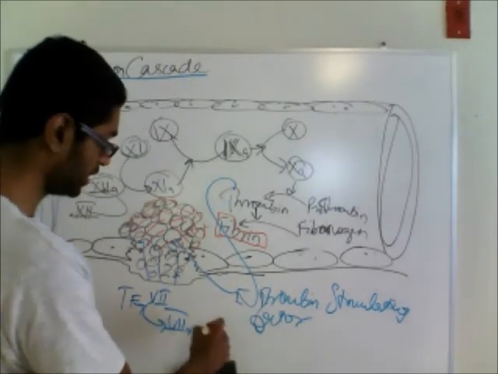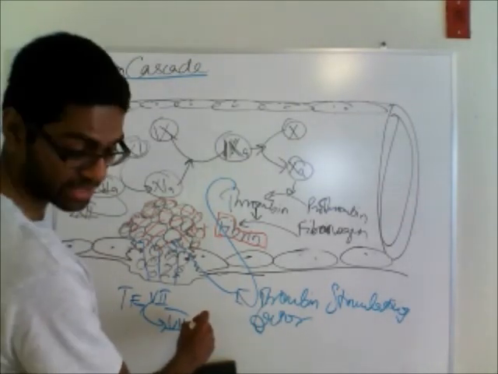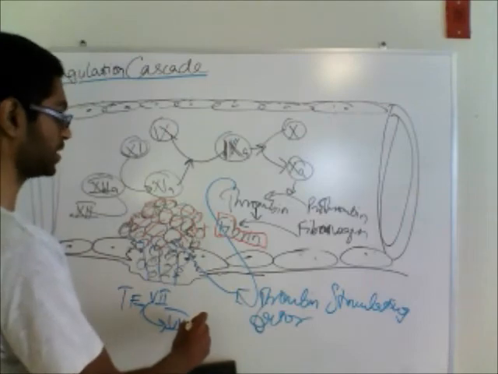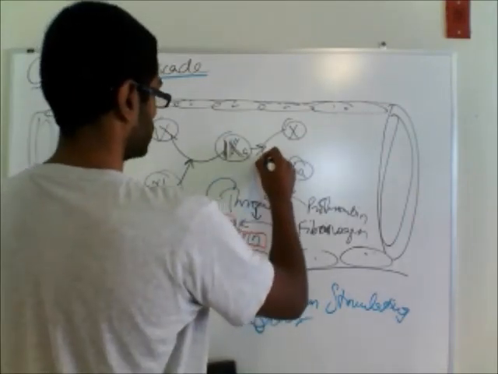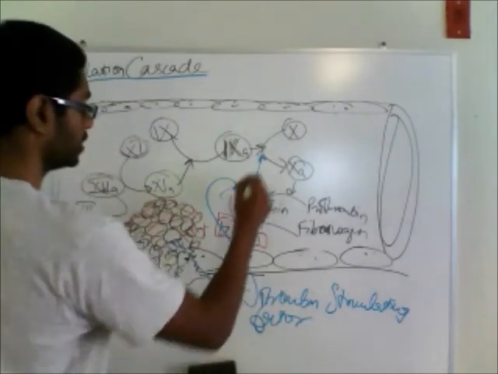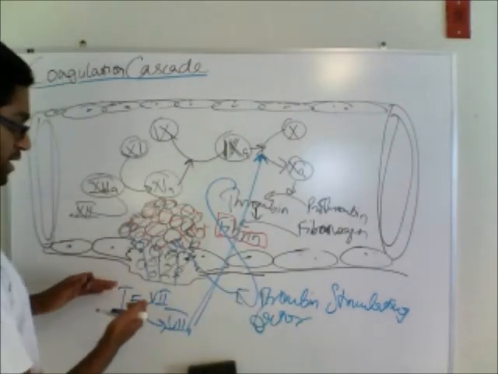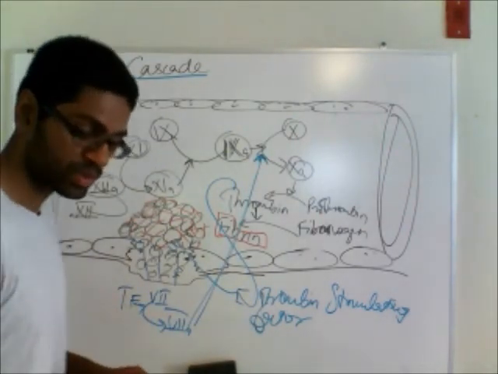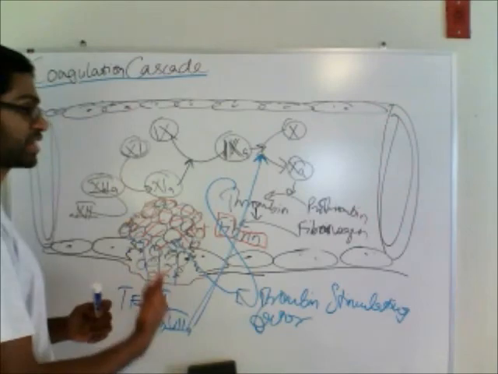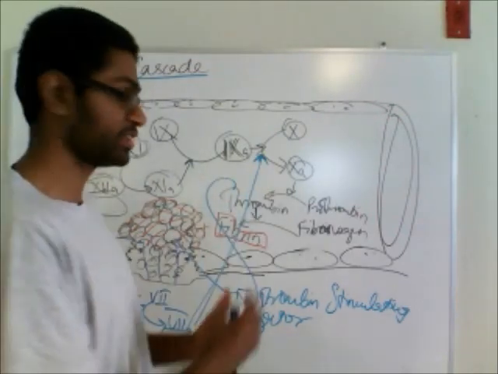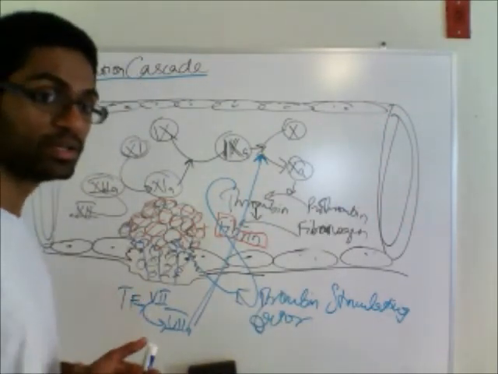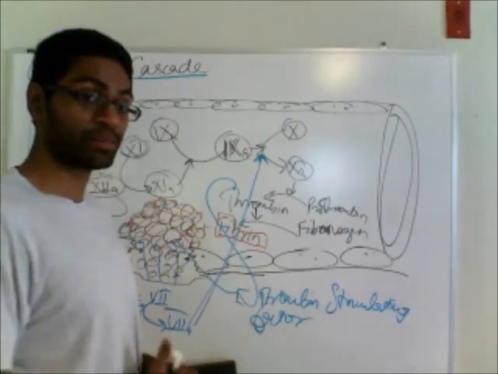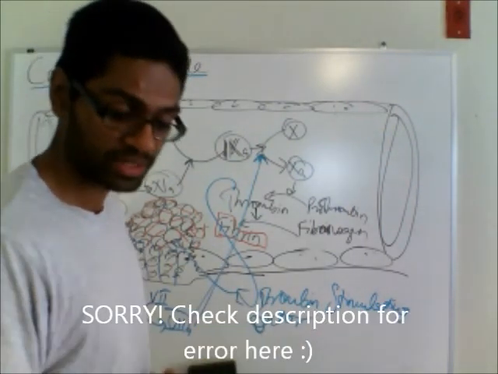Factor 7A then goes ahead and activates factor 10. So from here, boom, right there. Okay, so it's very short. Tissue factor activates factor 7. Factor 7 goes to factor 7A, activates factor 10. Boom, you have the pathway. So it skips this whole thing. So the extrinsic pathway is significantly faster.